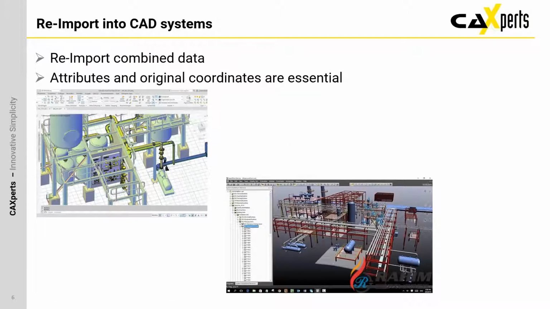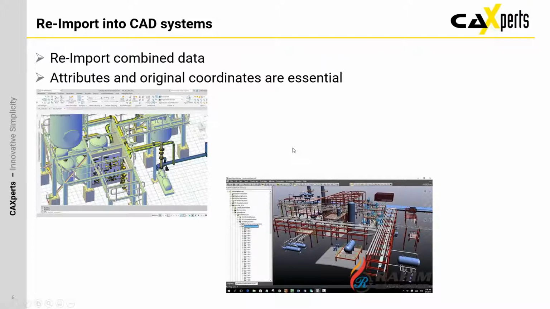Another use case, or maybe one of the main use cases here, is the reimport to any CAD system. Universal Plant Viewer allows you to combine all the data in one viewer, and then you can export this data in a combined way and import it back to your authoring system.